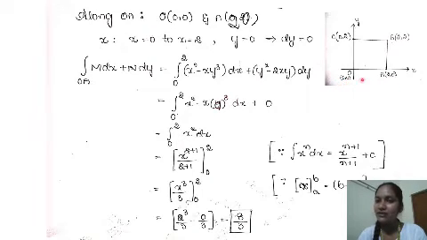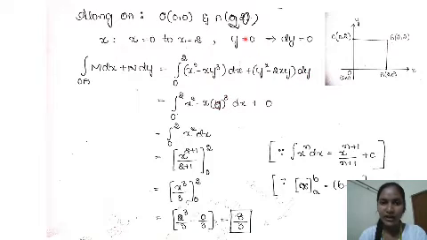Here x is changing from 0 to 2 and y is constant, that is y equals 0. So x goes from 0 to 2 and y equals 0. If we differentiate y, dy is equal to 0. Now the integral of M dx plus N dy is, from the given equation, integral from 0 to 2 of (x² − xy³) dx plus (y² − 2xy) dy.